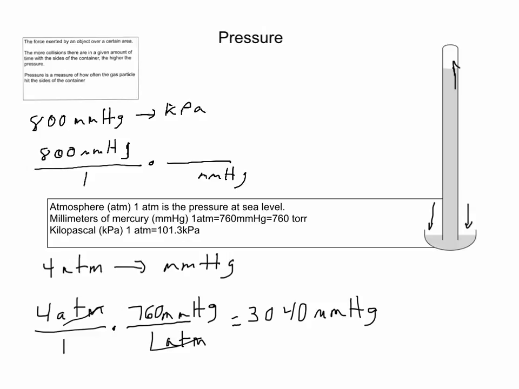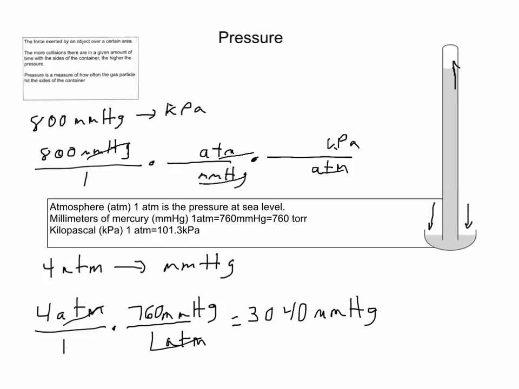And I don't know a relationship between millimeters of mercury and kilopascals, but I do know one between millimeters of mercury and atmospheres. So I'll convert to atmospheres. And then I'll need another fraction. Atmospheres on the bottom, kilopascals on top, because I do know that relationship.